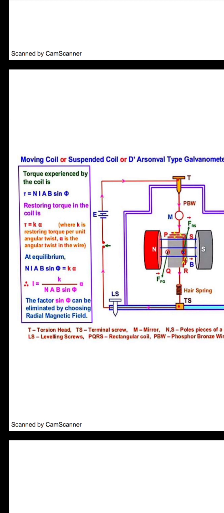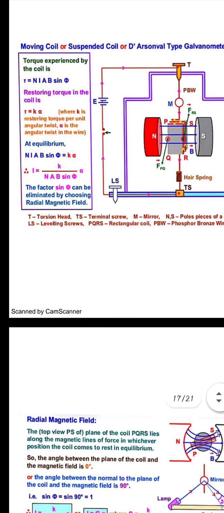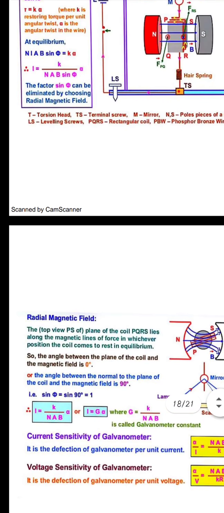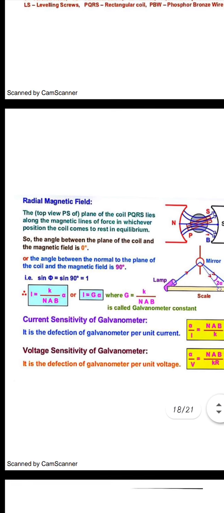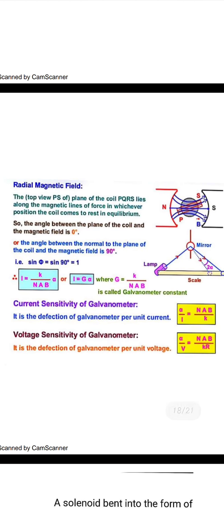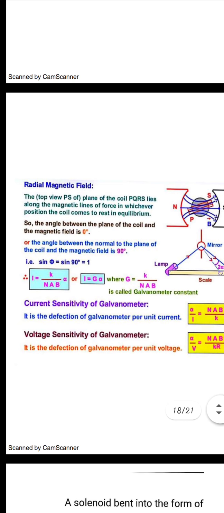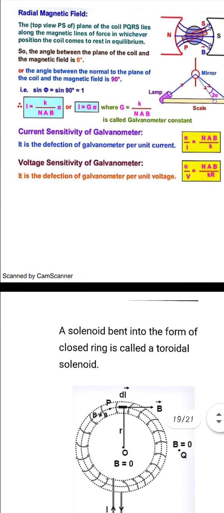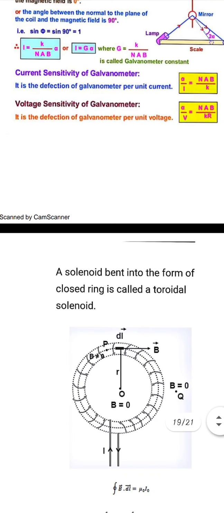So the torque is taken as a twist of angle alpha. Torsion coming in the upward and backward direction is taken as the restoring torque. It is given as T equals K alpha. From here you can find the deflection of the galvanometer for the current sensitivity as well as the voltage sensitivity. You can understand better through your books also.